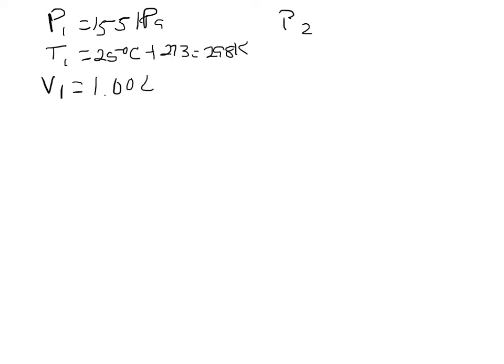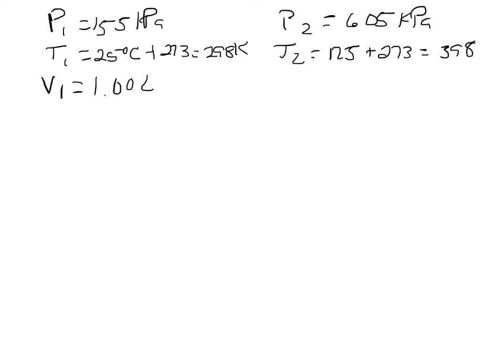P2, the pressure, increases to 605 kilopascals as temperature is raised. T2 is 125 plus 273, which equals 398. And V2, well, we don't know that one. That's what we're trying to find out.